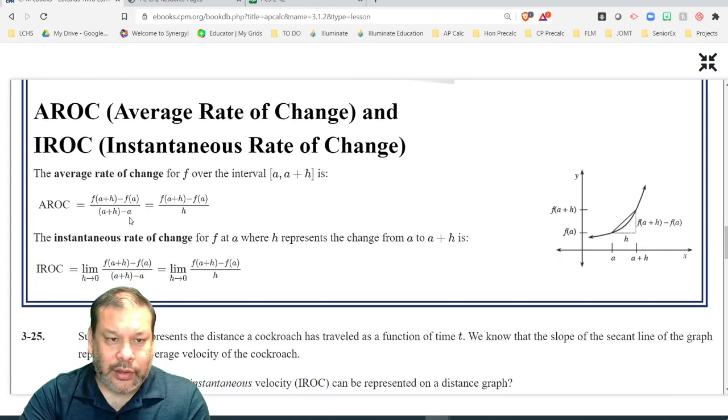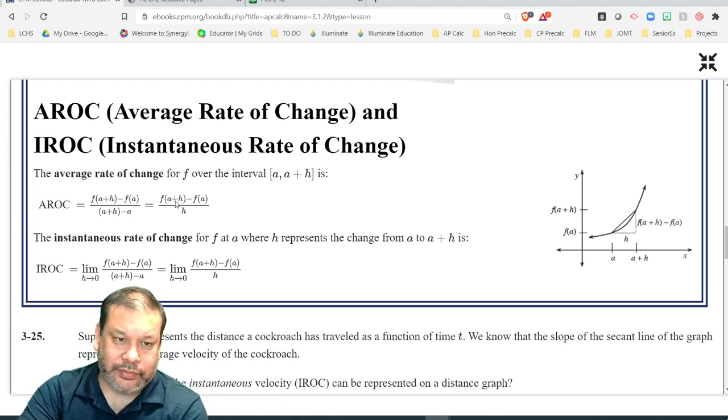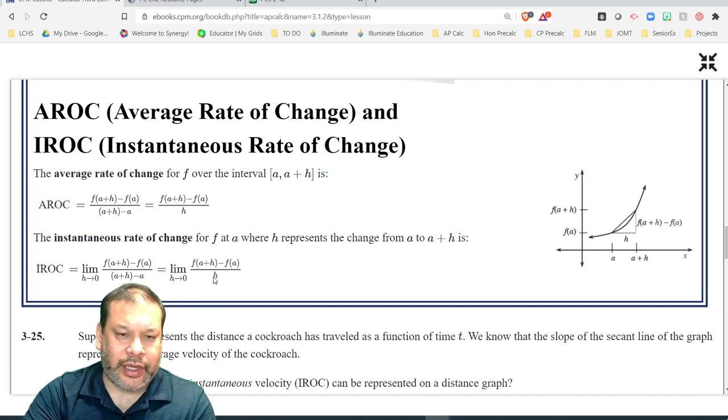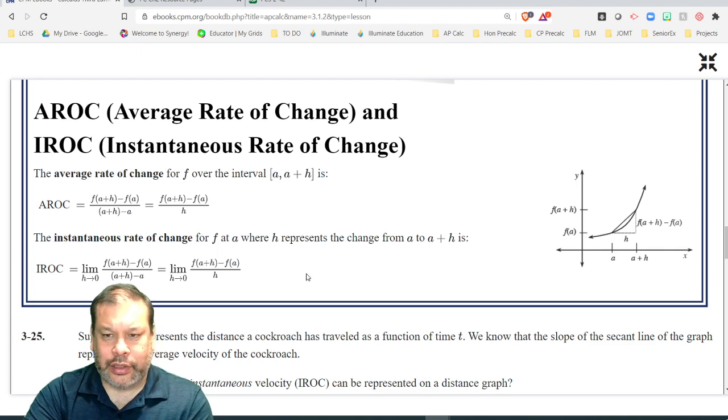The average rate of change is basically the change in y over the change in x, which is just your slope. And the instantaneous rate of change is as you take that change in the x direction, or h, and take that to 0, it approaches the instantaneous rate of change, or the slope.